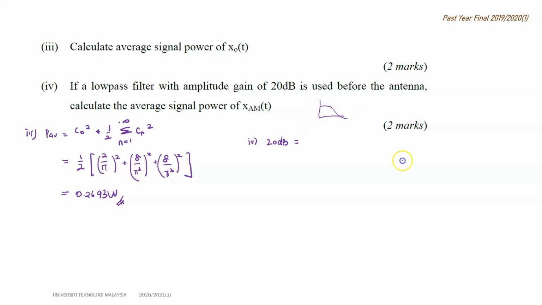We need to find the x here so that we know how much we need to multiply with xo(t). So x here is actually 10. It means a 10 times increase in the output voltage, which is xo(t). So here we will get xam(t) equivalent to xo(t) multiplied by 10.